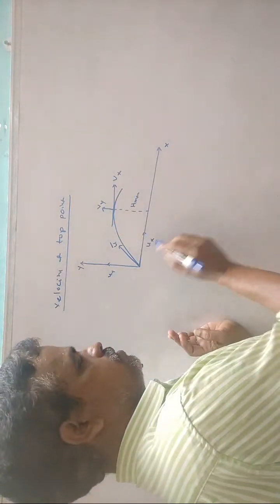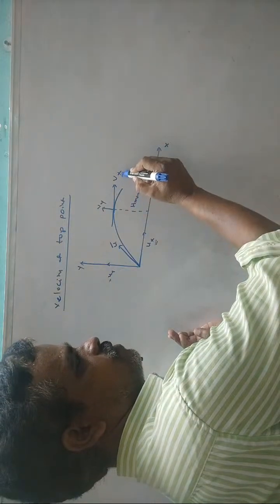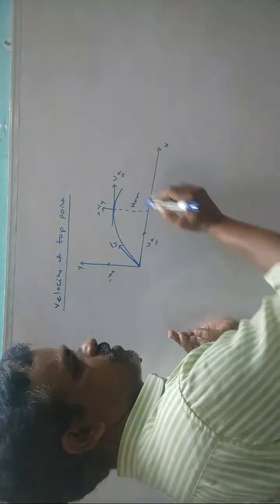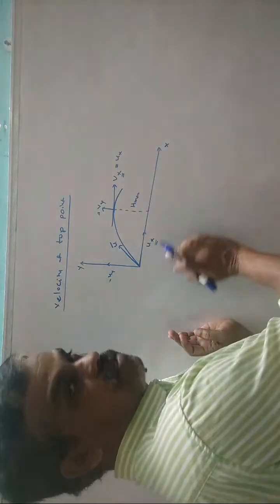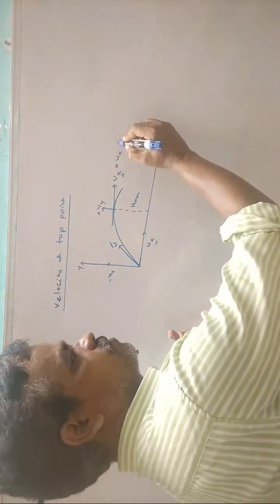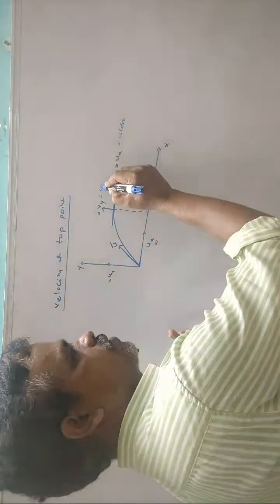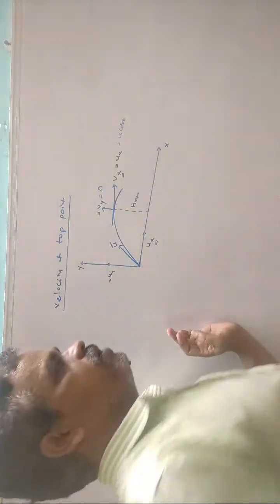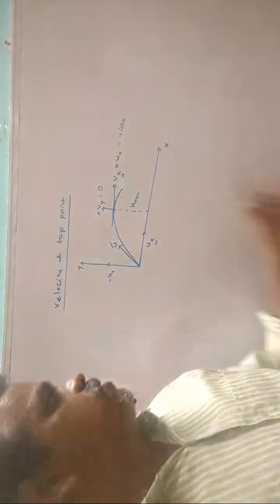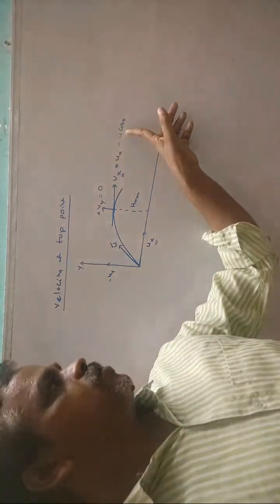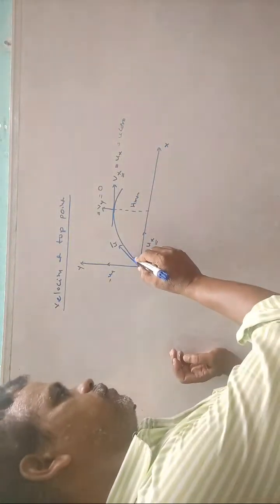Initially ux, uy; at the maximum point it has vx and vy components. Vx is nothing but ux, there is no change in the horizontal component, that becomes u cos theta. What about vy? At maximum height the vy component will be 0. Vx component is equal to ux, that is equal to u cos theta when we projected.